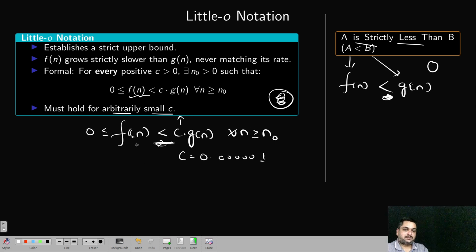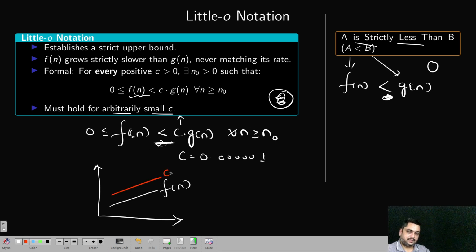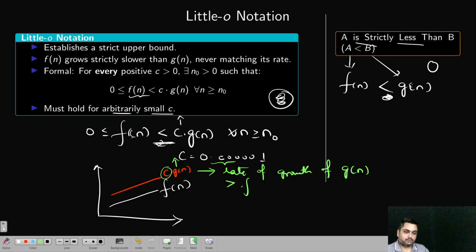Now, what exactly does this mean? It's all about order of growth, or rate of growth. If I have a function f of n, then I have an upper bound, say c into g of n. So this always implies that the rate of growth of g of n, irrespective of this constant, whether it's small or big, should work. The rate of growth of g of n should always be strictly greater than the growth of f of n.